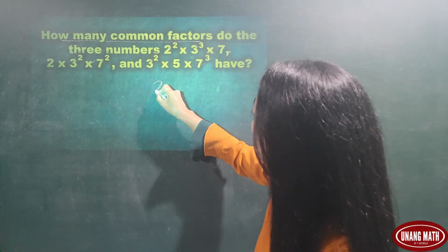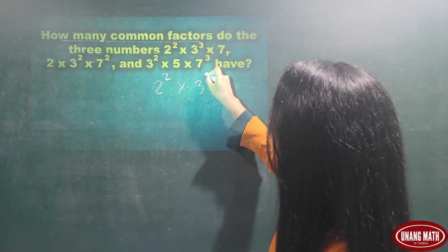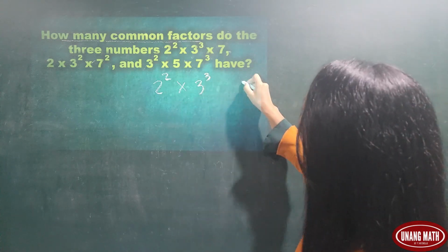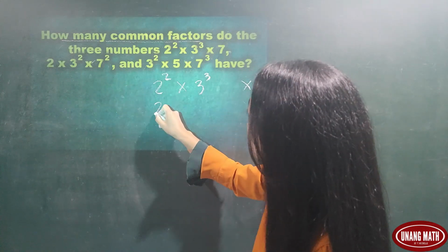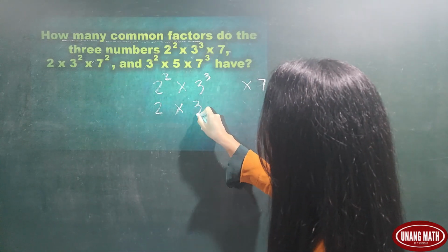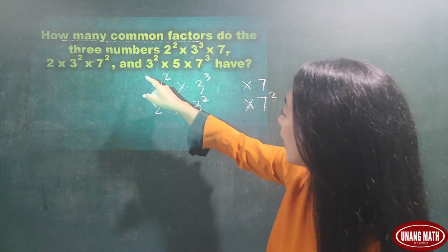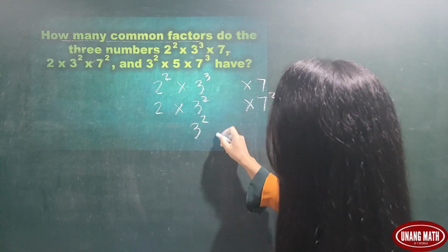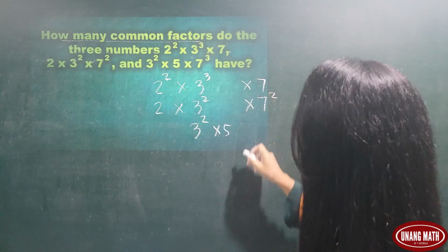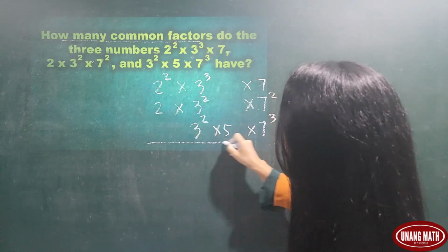The first number is 2 squared times 3 raised to the power of 3 times 7. The second number is 2 times 3 squared times 7 squared. And the third number is 3 squared times 5 times 7 raised to the power of 3.